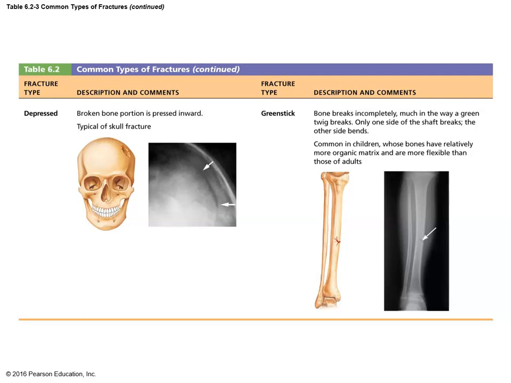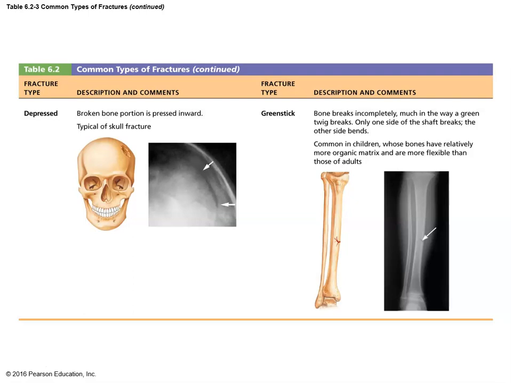So one side breaks a little bit, the other side flexes, now the pressure is released and it perhaps doesn't break all the way through. More rubbery bones as a child means this is more likely the kind of break that you're going to get. So it doesn't break all the way through. Again, quite common in children.